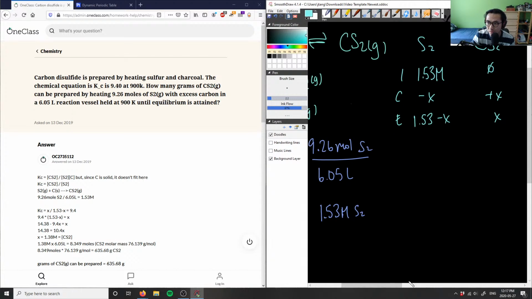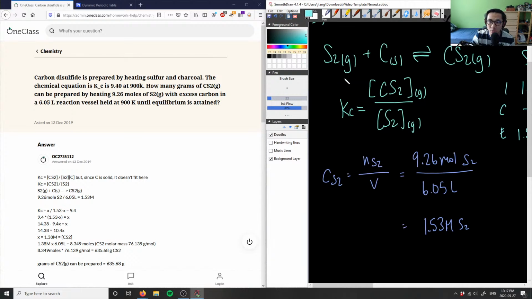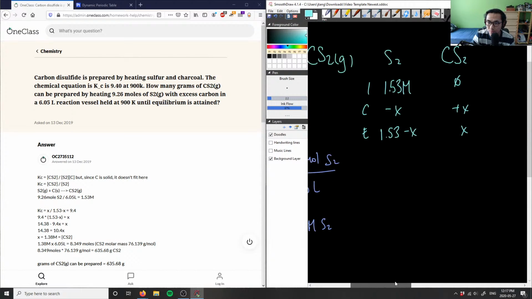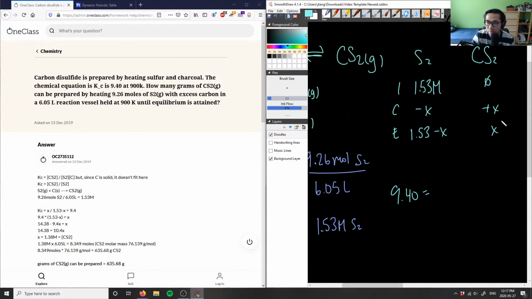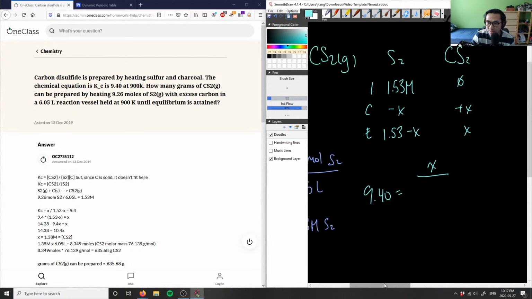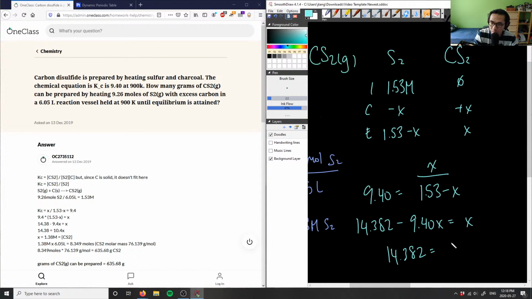So our equilibrium constant, 9.40, is going to equal the concentration of CS2 at equilibrium, which is X, divided by the concentration of S2, which is 1.53 minus X. All we have to do is isolate for X. I'm going to multiply both sides by 1.53 minus X, so I get 14.382 minus 9.40x equals X. So 14.382 equals 10.40x.